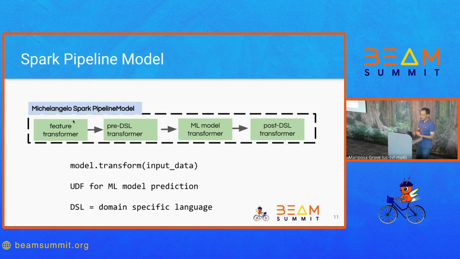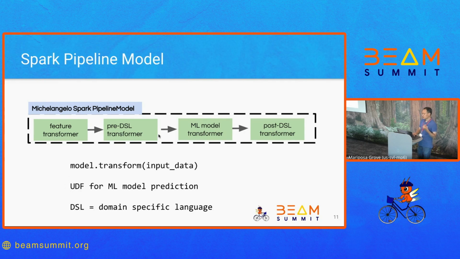Basically, we split into each step and put it into a transformer, and it changes into a staged transformer. For example, for feature preparation we put in a feature transformer. Then the model goes into a model prediction transformer, with a user-defined function to do that.